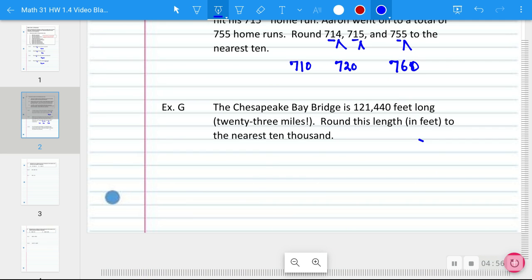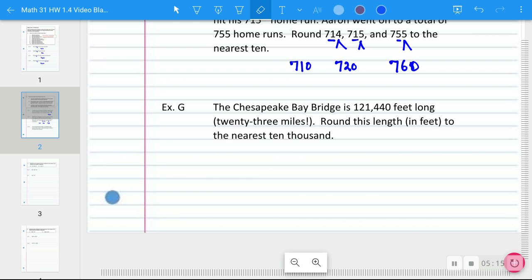Okay, the Chesapeake Bay Bridge, I remember driving across it. It's 23 miles long, but in feet, it's 121,440 feet long. So we're supposed to round to the nearest 10,000.